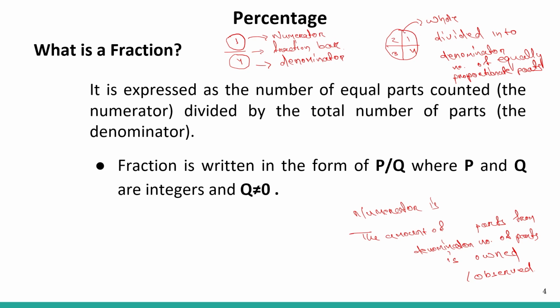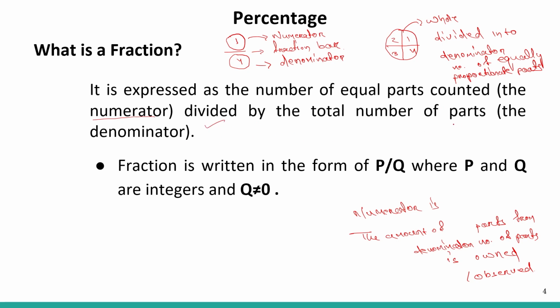So you are observing only one part, any one part. It can be any one of these 4. So it is expressed as the number of equal parts counted, the numerator, divided by the total number of parts, the denominator.